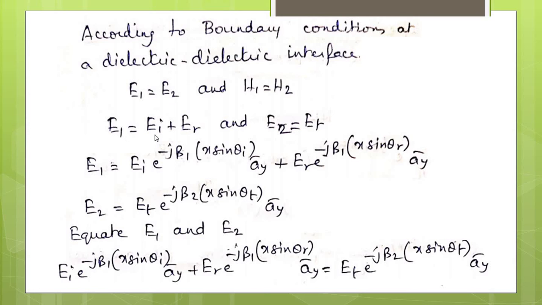So in medium 1 we have the incident and the reflected components. Therefore E1 is equal to EI plus ER. In medium 2 we have only the transmitted component. Therefore E2 is equal to ET. So in place of E1, substitute the incident component plus the reflected component. E2 is the transmitted component. So both are the same, so equate E1 and E2.